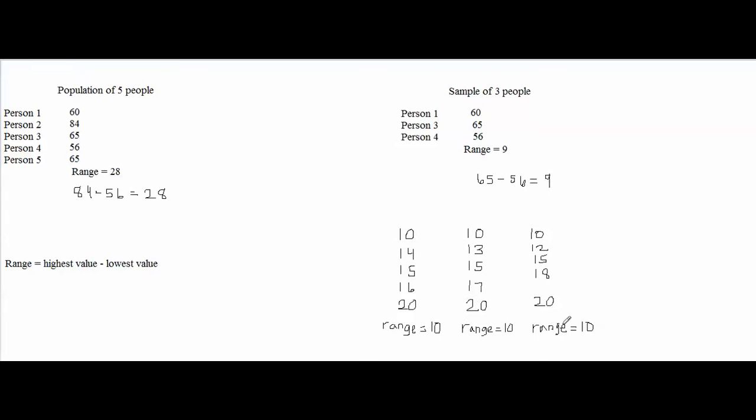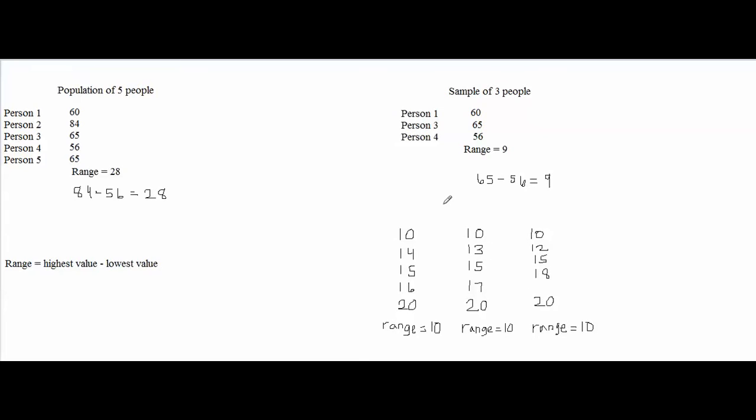It'll just stay the same. So in other words, it's possible for different sets of numbers that have different amounts of spread to all have the same range. And that's a problem with the range because we can see that even though these lists have different amounts of dispersion, the range isn't showing that that's true.